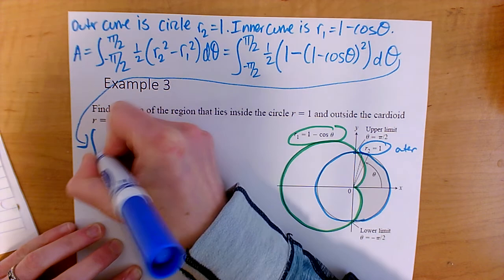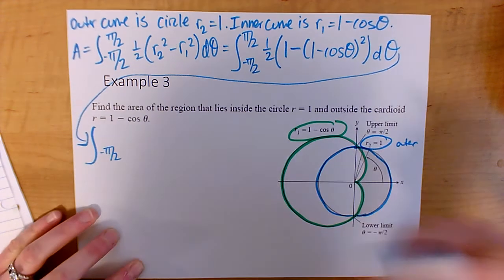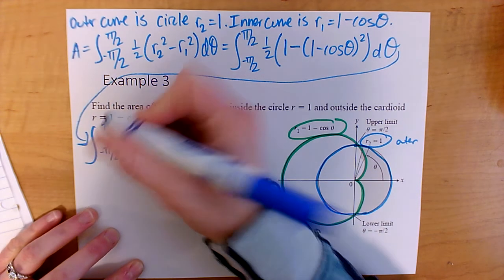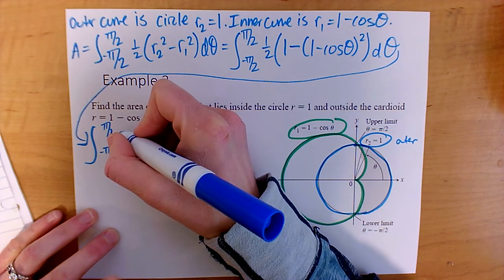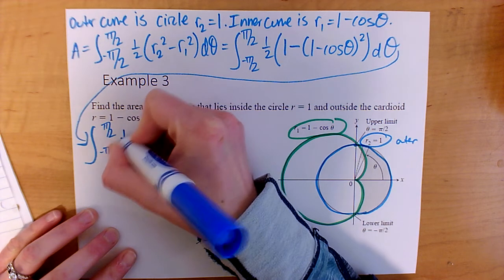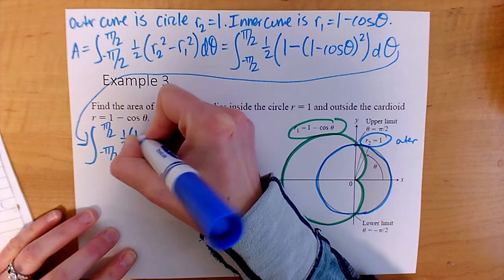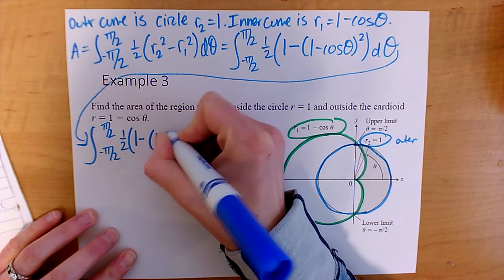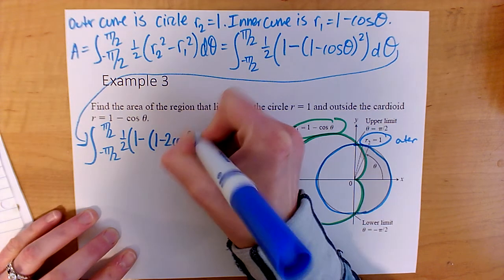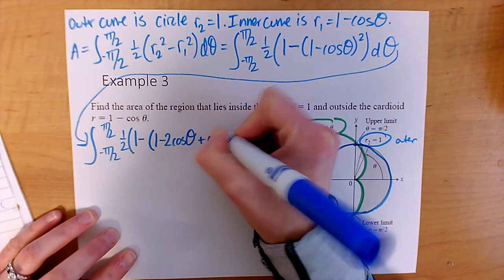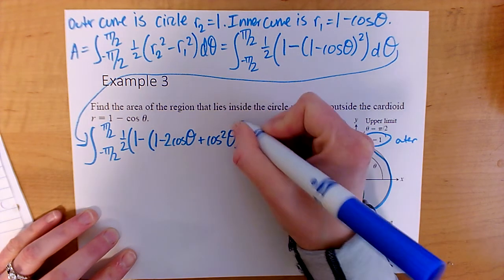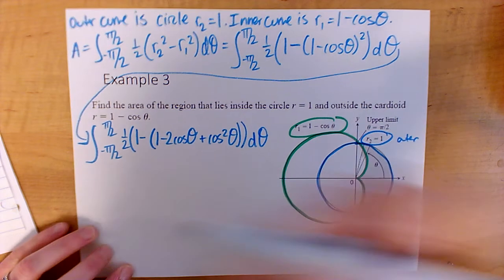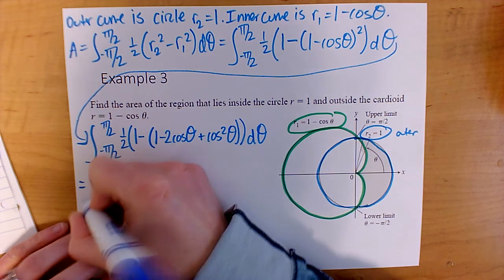We'll have the integral from negative pi over 2 to pi over 2 of 1/2 times 1 minus, and then squaring this, that'll be 1 minus 2 cosine theta plus cosine squared theta, d theta.